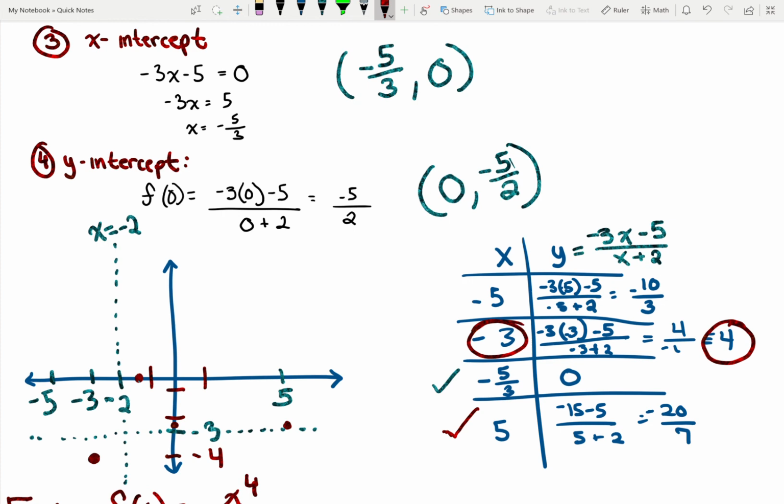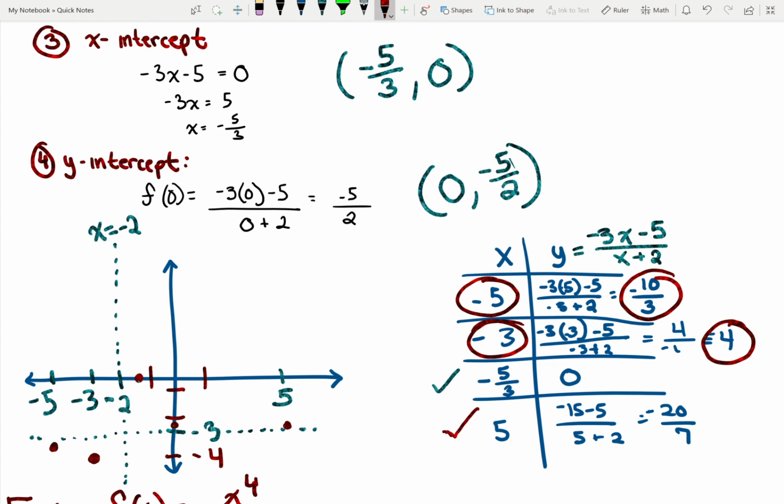Now the last one, when x is -5, I get this guy right here. So he's a little bit closer to -3. So he'll look something like this. It's good to know how to figure out what these fractions represent or what their decimal form is. You can always do long division if you need to.